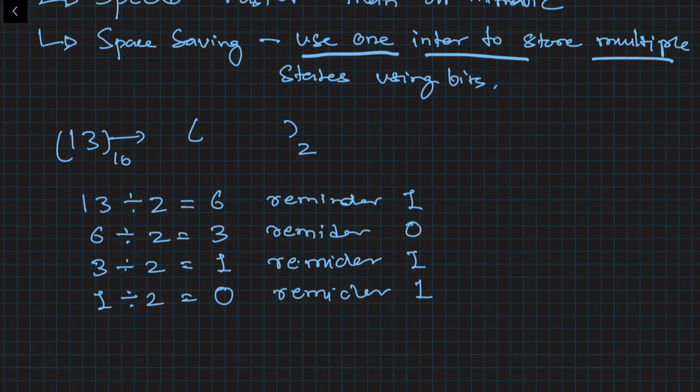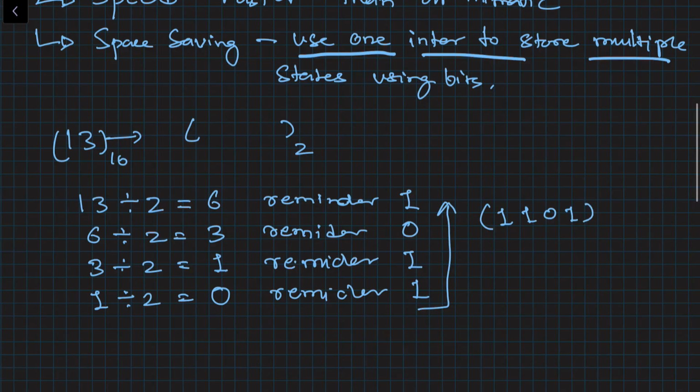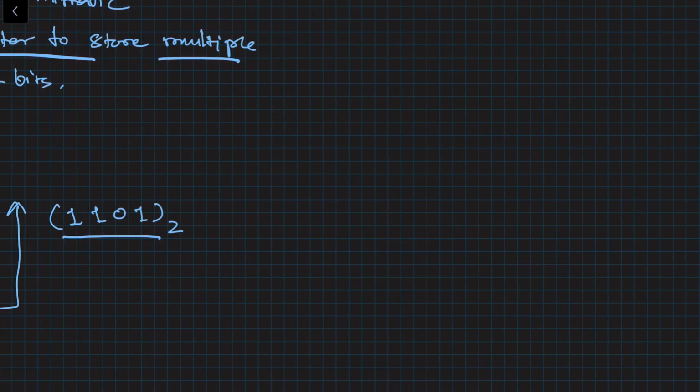If we arrange these remainders from bottom to top, we get the number 1101, which is of base 2, the binary representation of 13. I hope you understand how we can represent a decimal number as a binary number. Similarly, let's say we want to convert this binary number into decimal.